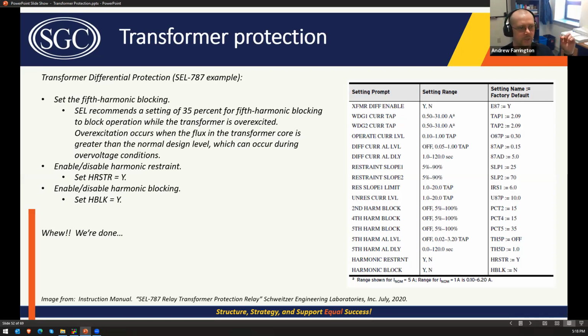Overexcitation occurs when you basically overvoltage the transformer windings, because you're trying to force more flux through the core than the core is capable of handling. So that's the overexcitation. When you have that situation, you get fifth harmonic current. And this is a way to prevent you from tripping your transformer differential relay during overexcitation.